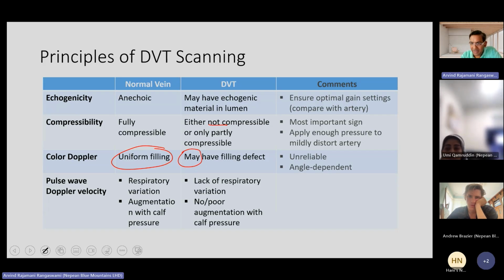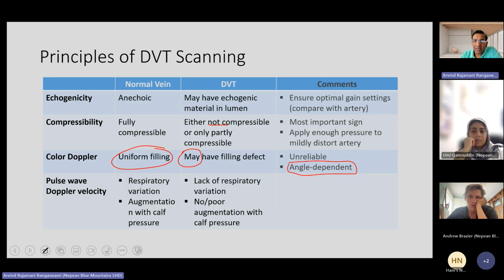Again, the operative word is "may," and the reason is because angle dependence is a very big thing. If you are perpendicular to the vein, which you almost always are, then your Doppler might not show filling.